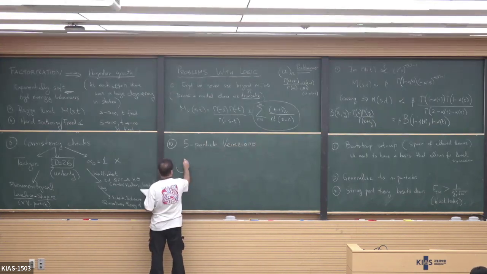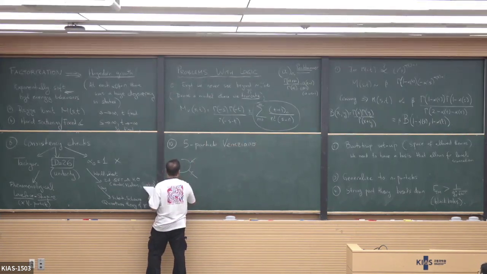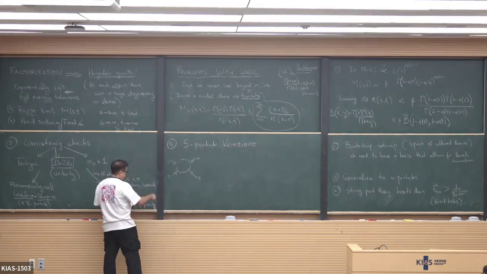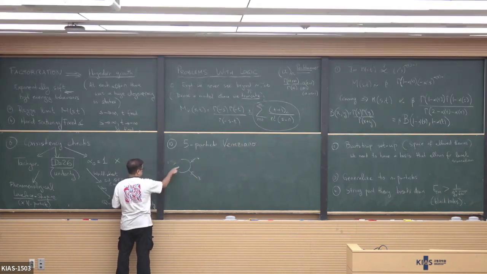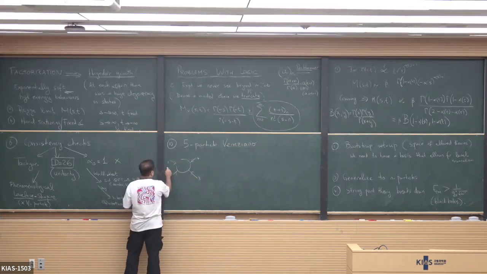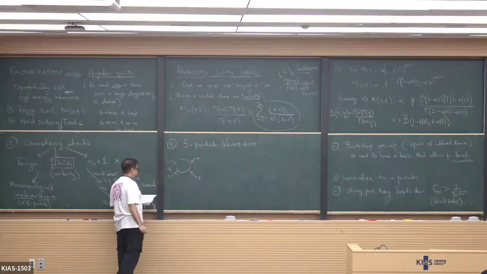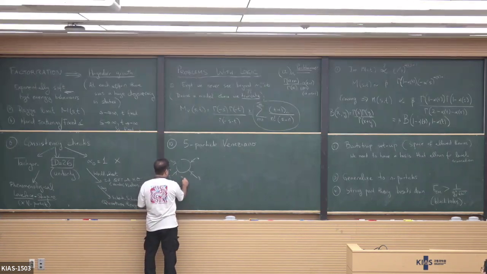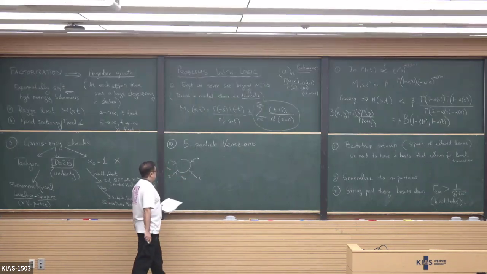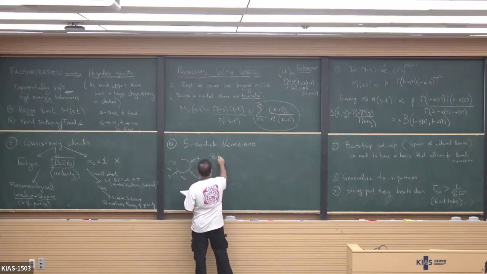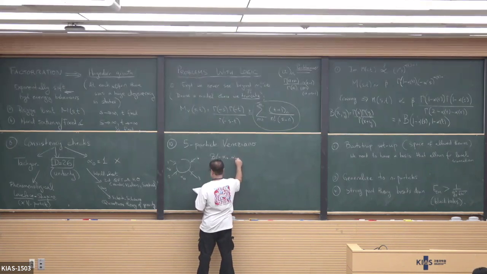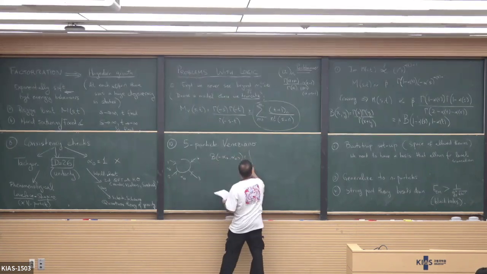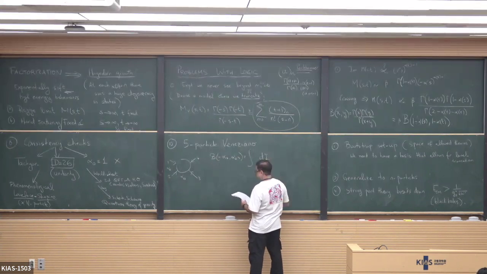So the starting point is to draw a figure for the original Veneziano. So this is 1, 2, 3, 4. And the Mandelstam invariant that comes associated with particles 1 and 2, for shorthand and convenient notation that enables me to generalize later on, I'm going to write as alpha 1, 2. And similarly, I'm going to write this as alpha 2, 3. And the beta function can be written as some integral measure.